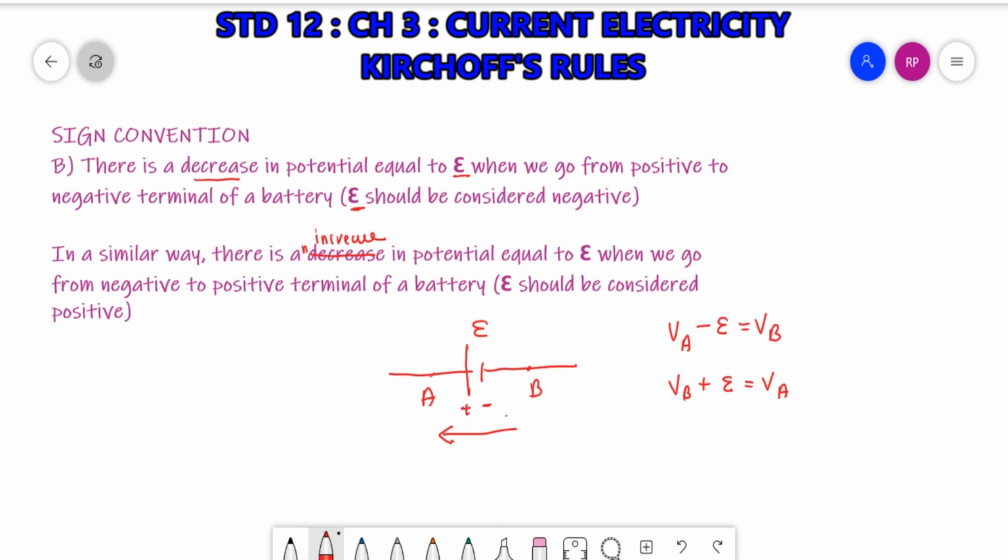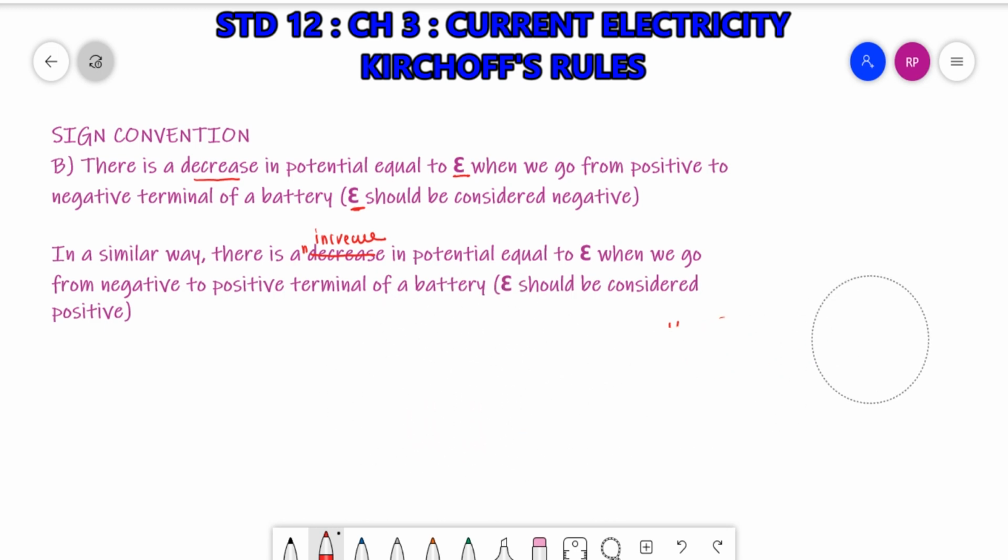Let's take a case which includes both resistor and battery. Current is flowing in this way. Let's say this is A and B. Potential at A is VA, potential at B is VB, and this is epsilon.